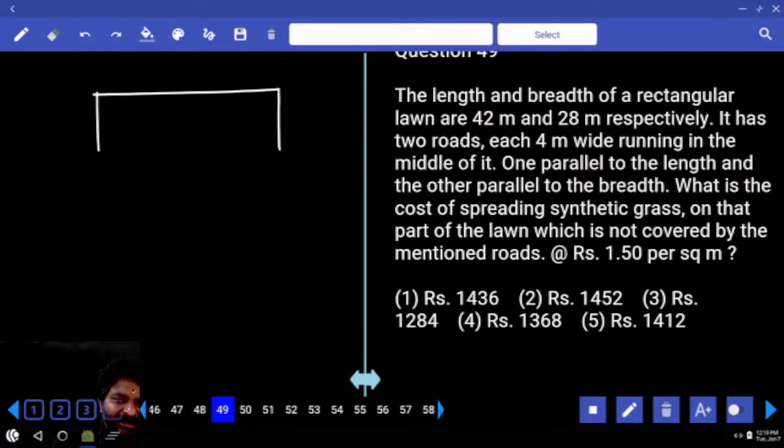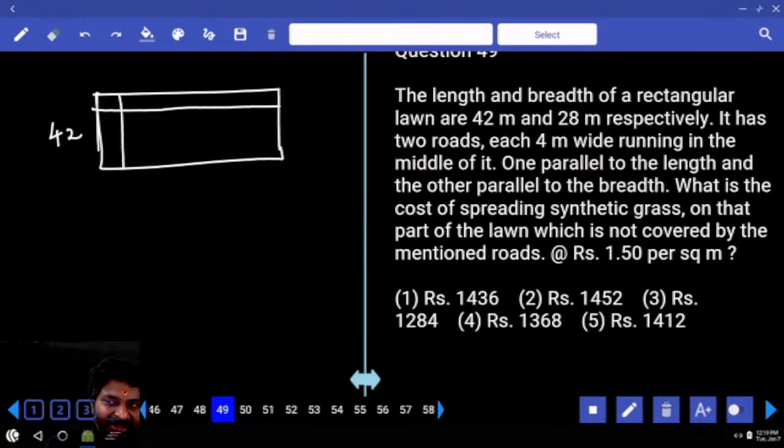There is a rectangular lawn here, with one road parallel to length, the other parallel to its breadth. I am taking the roads at the corner, no problem, right? Outer rectangle measurements are 42 and 28.